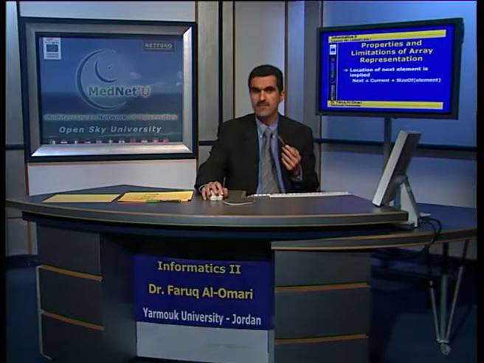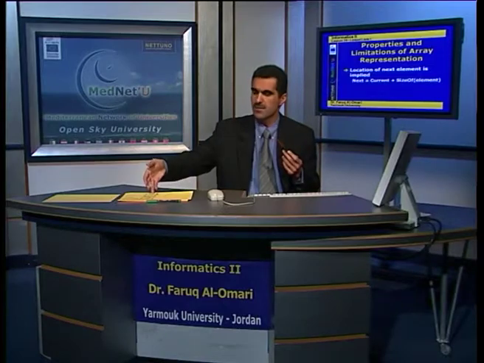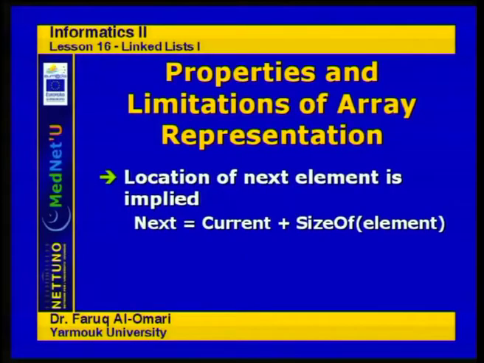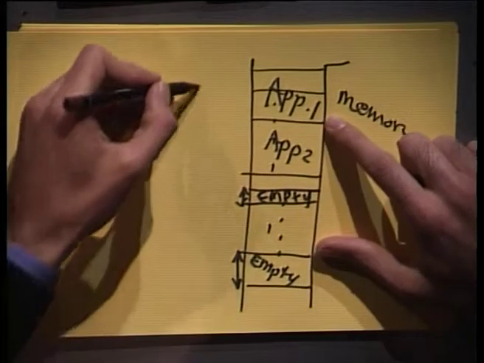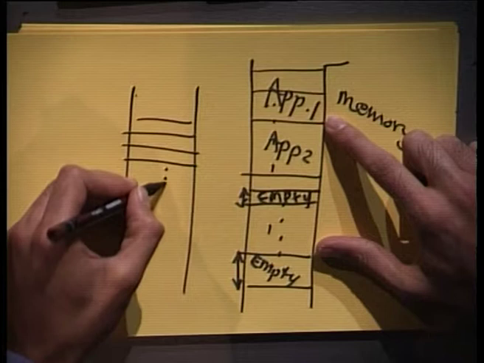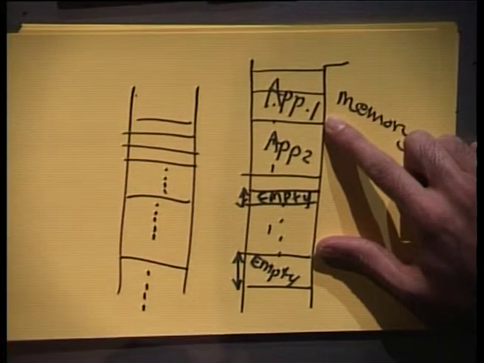However, the best advantage about using arrays is that once I know that the space is really contiguous, then I know the location of the next element when I know the location of the current element. Because simply, as we all remember, the array is stored in memory in rows. So that's the first row, then comes the second row, third row, and so forth.